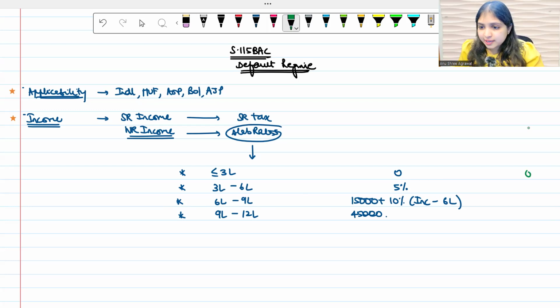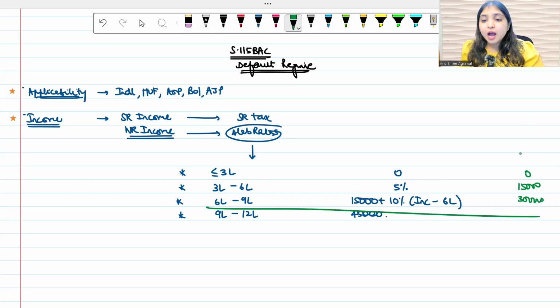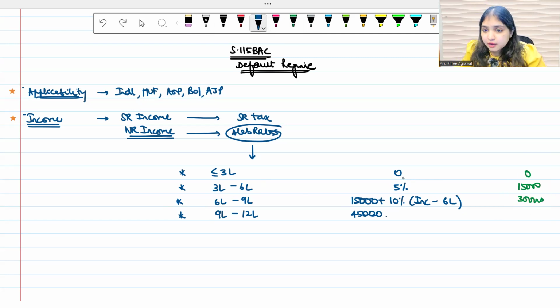Up to 3 lakh, no tax. On 3 lakh to 6 lakh, you'll pay 5%, which means 15,000. Then 6 lakh to 9 lakh is another 3 lakh. On this 3 lakh, you'll pay 10%, so 3 lakh into 10%, you'll pay 30,000. So if your income is more than 9 lakh, up to 9 lakh income you anyways have to pay 45,000 tax, plus 15% of whatever income you have earned in excess of 9 lakhs.